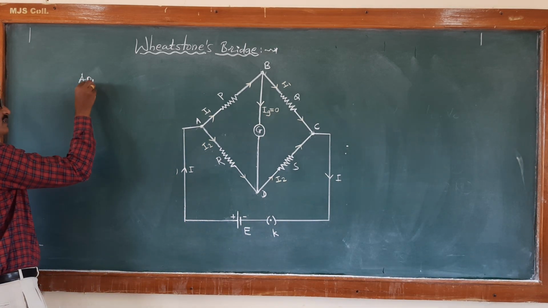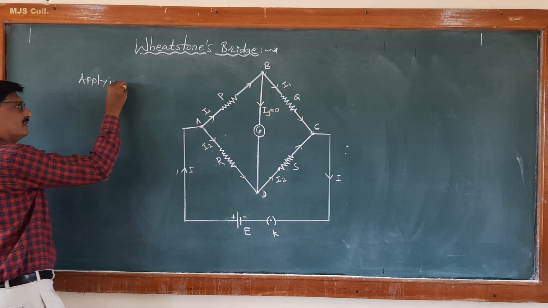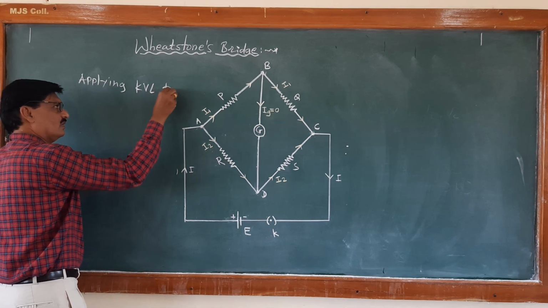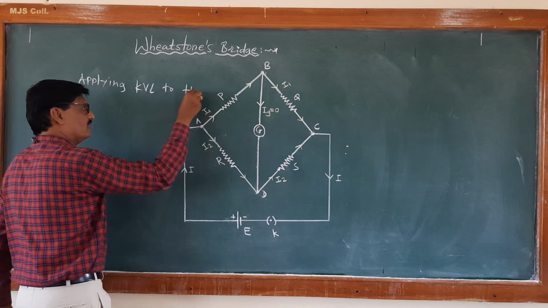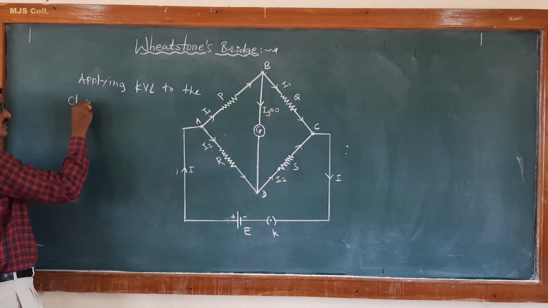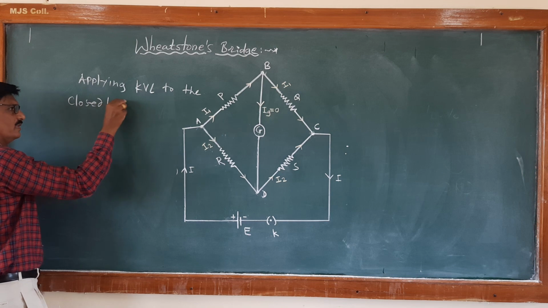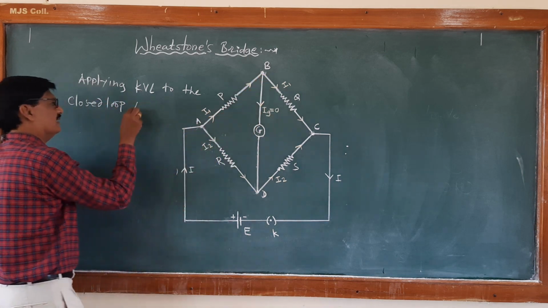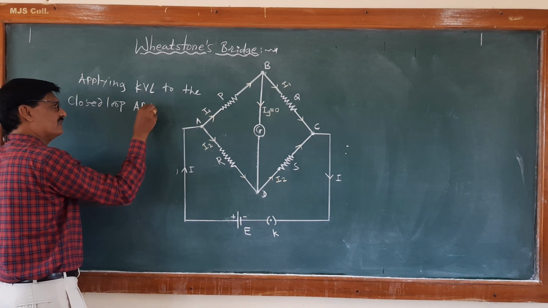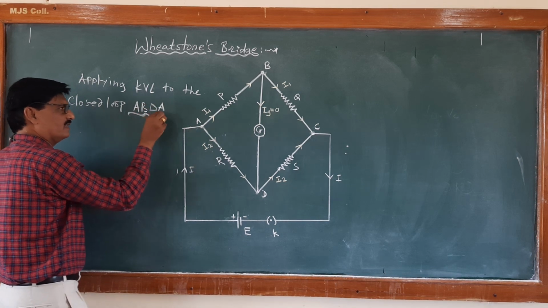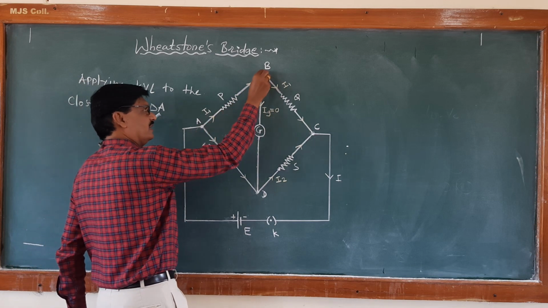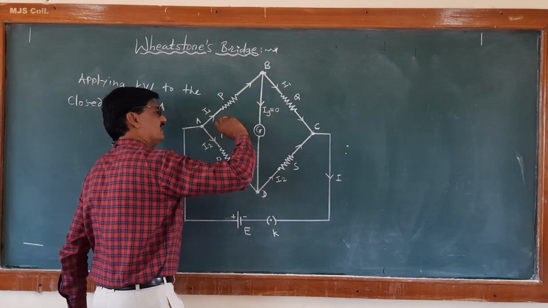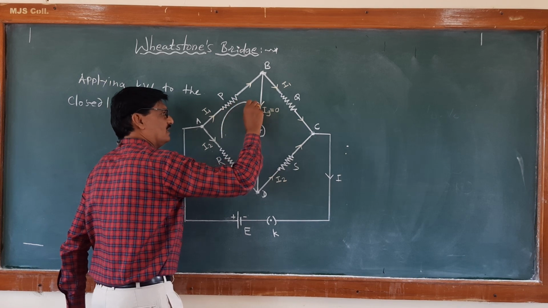Applying Kirchhoff's voltage law to a closed loop, consider the closed loop A, B, D, A.